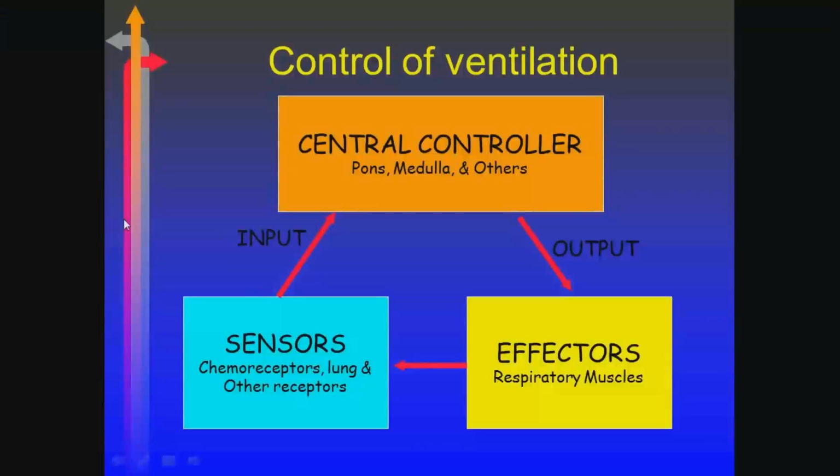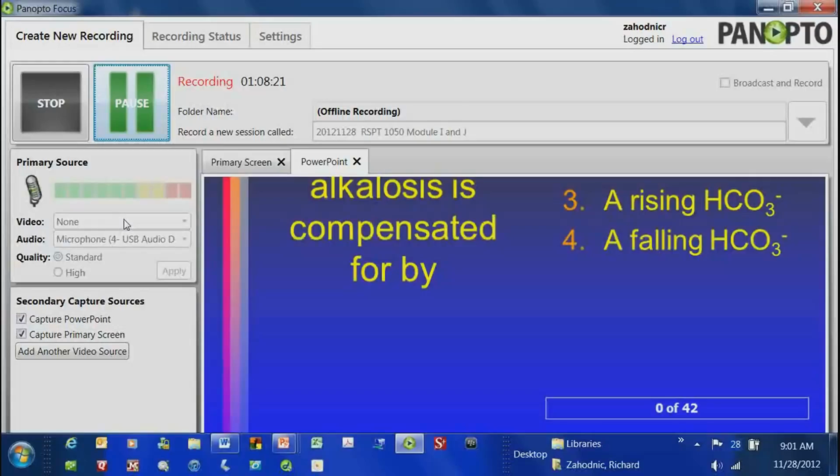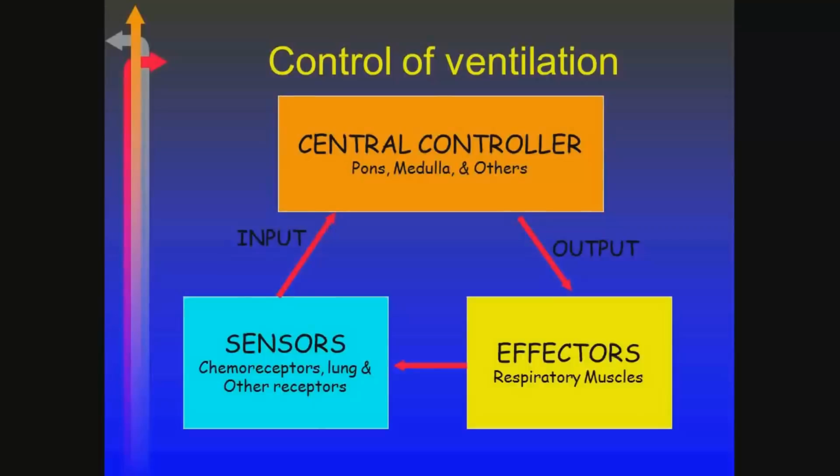All right, talking about control of ventilation. There's really a couple of different facets involved here. One is that there's a central control to the initiation of an impulse to begin contraction of the diaphragm. So we're going to call that the central controlling mechanism.